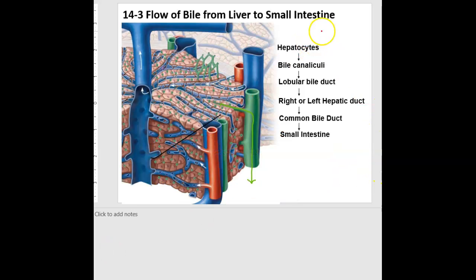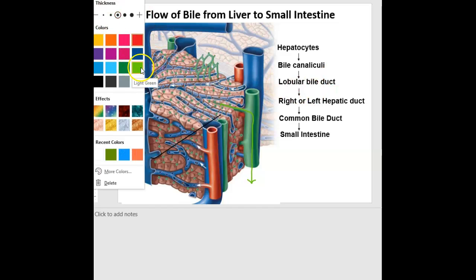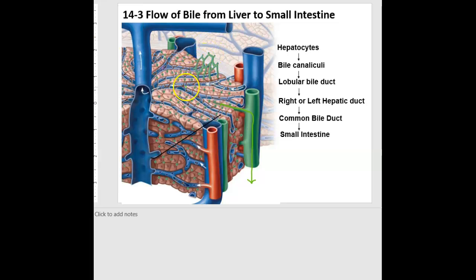So let's trace the flow of bile first through the various canal networks. So the hepatocyte first makes the bile.